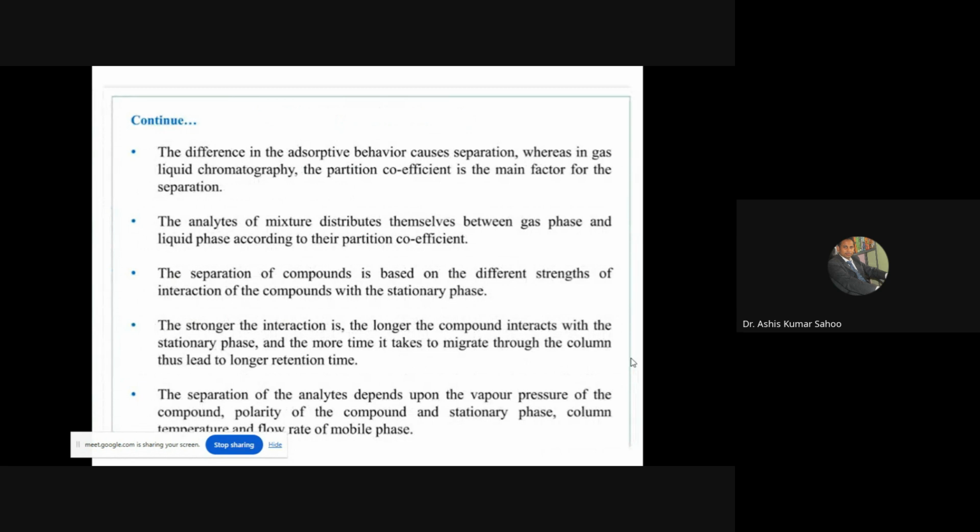The separation of compounds is based on the different strength of interaction of each compound with the system. The stronger the interaction, the longer the compound interacts with the system, and the more time it takes to migrate through the column.